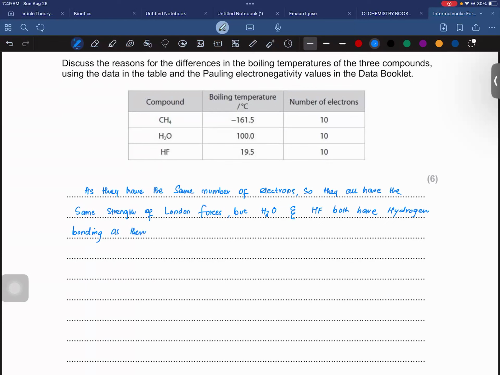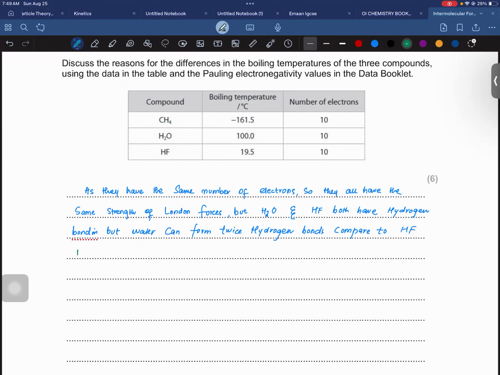Both have hydrogen bonding, but water can form twice as many hydrogen bonds compared to HF.